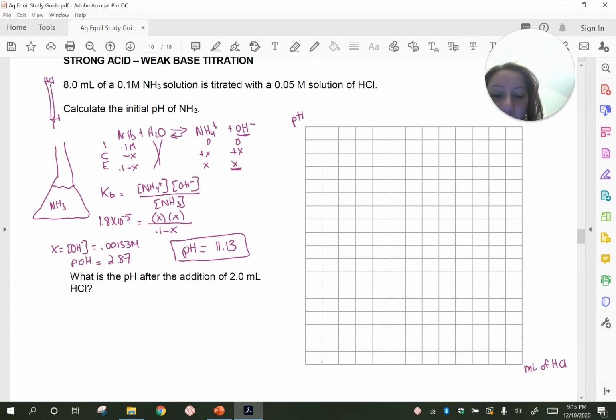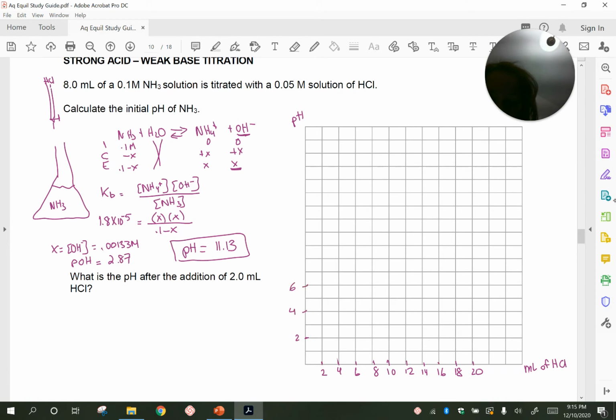And let's make this 2 mils for 6, 8, 12, 14, 16, 18, 20. And for our pH, let's make each box a pH of 1. So 2, 4, 6, 8, 10, 12, 14.